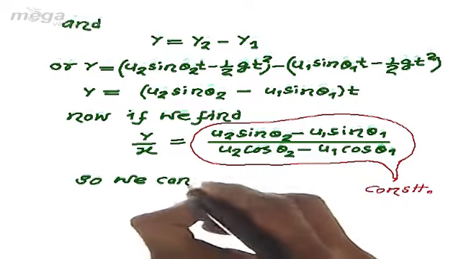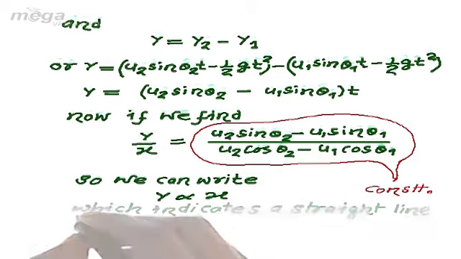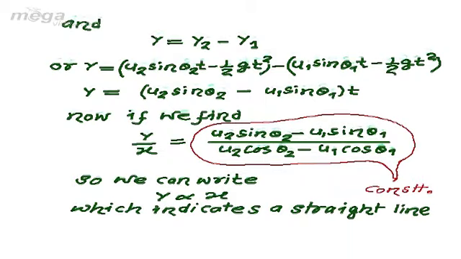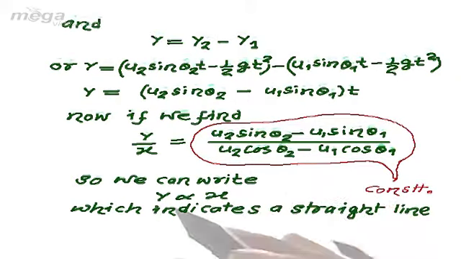So we can write y is proportional to x, which indicates a straight line. So we may say that the path of one projectile as seen from the other is always a straight line. Here one projectile is flying, its acceleration is g downward, and the other projectile is also flying, its acceleration again g downward.